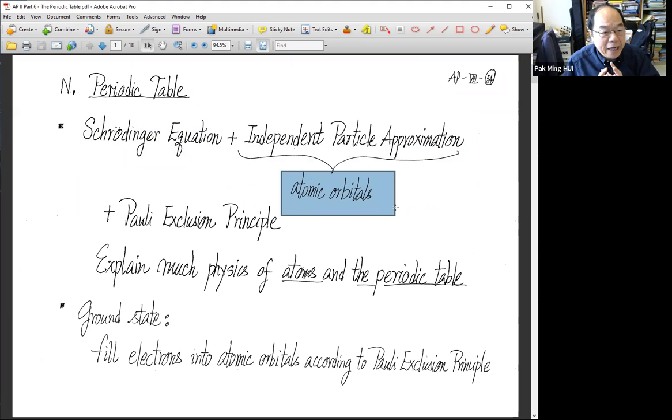We can retain or rescue the idea of atomic orbitals. We have 1s, 2s, 2p. We still have this hydrogen picture to play with.